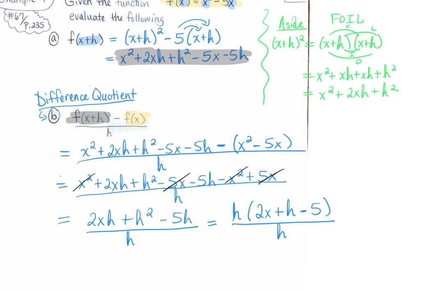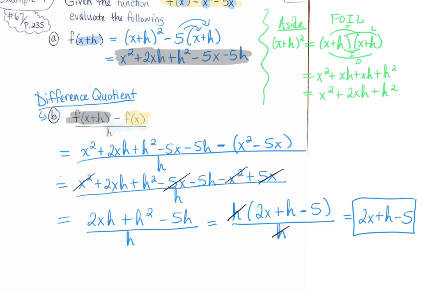And the benefit of factoring this h out is that now you're multiplying this quantity times h, so what can you do? Cancel. Yes, you can now cancel this h and this h because this quantity is being multiplied by h. So those two h's cancel, leaving us with 2x plus h minus 5. Very good.